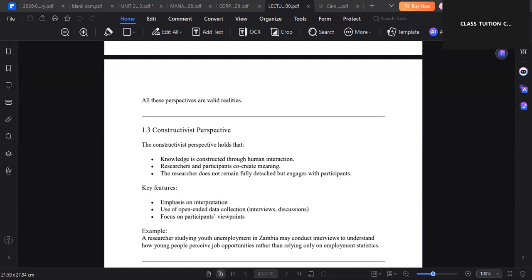It is actually based on the idea that reality is not fixed or objective. Reality is actually socially created through human interactions. It is experienced through interactions and real experience. So, in other words, people may interpret the world differently depending on their backgrounds.